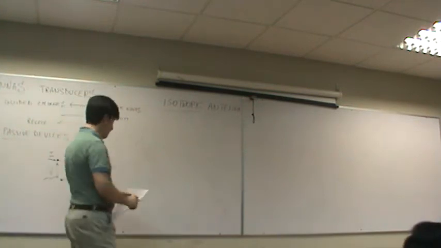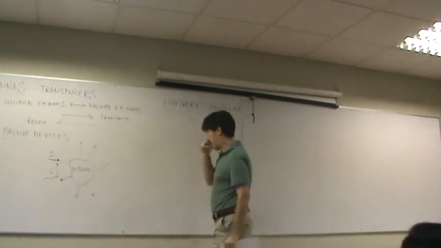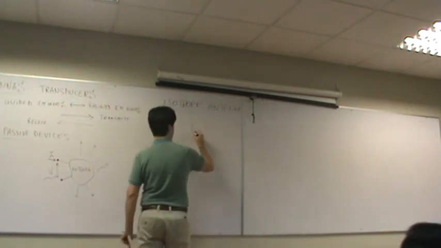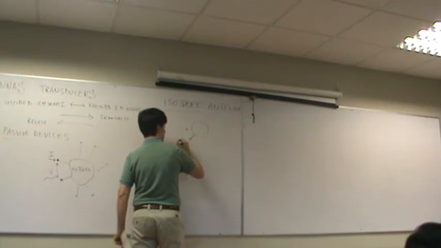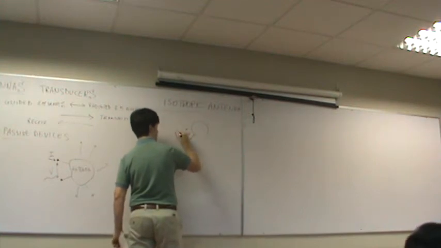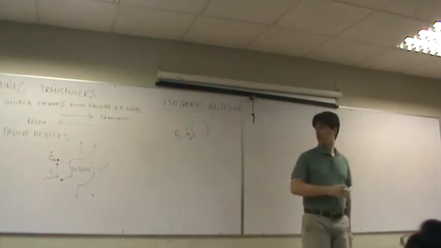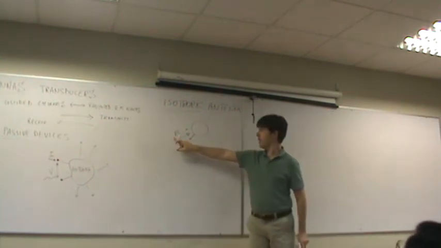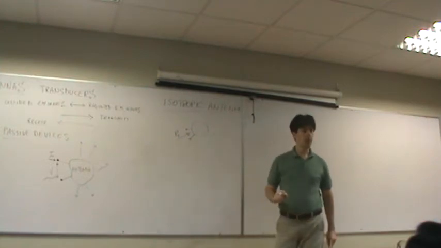So, let's assume that this is our isotropic antenna. Let's assume that the transmitter or the circuit is providing a total power of PT watt.